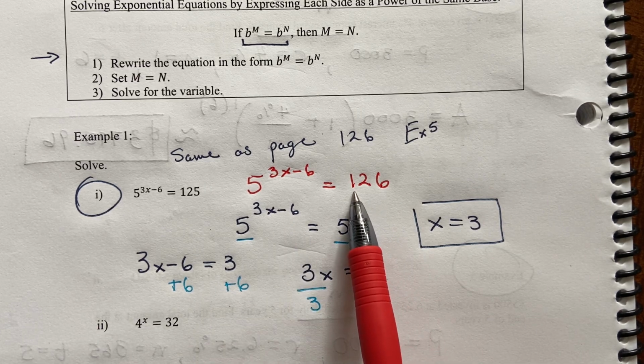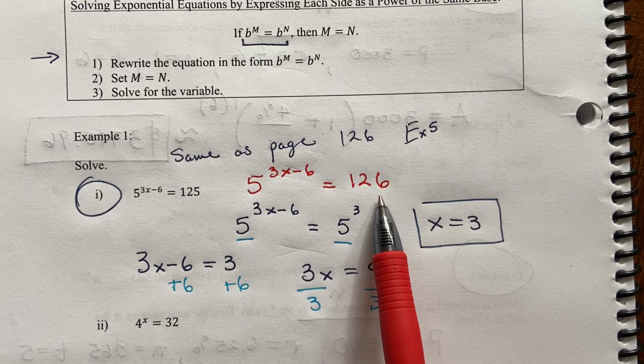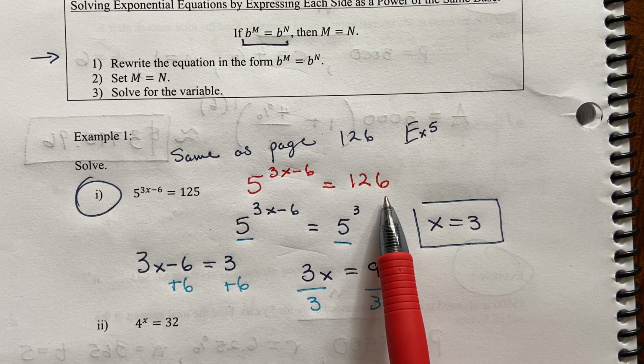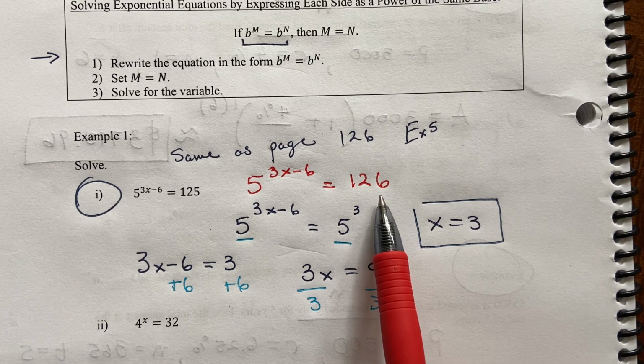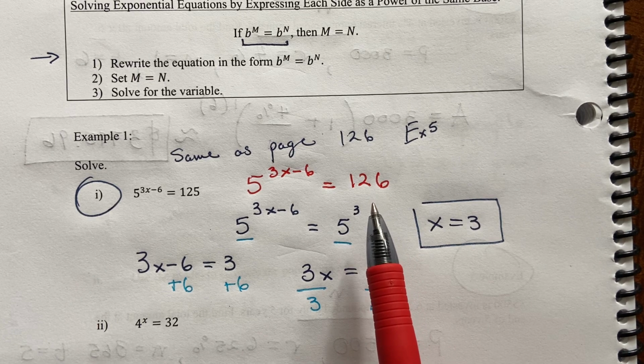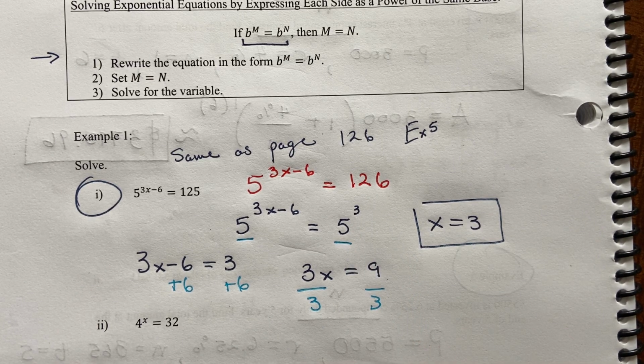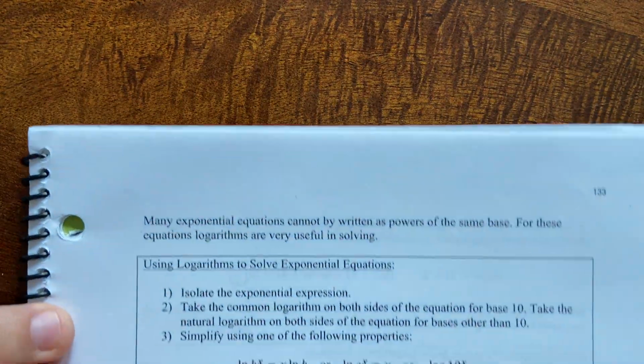As soon as we have a number that is not a power of 5, then we cannot set the powers equal because we can't make the bases equal. So we need a more general approach for that reason. And that's where a logarithm comes into play.